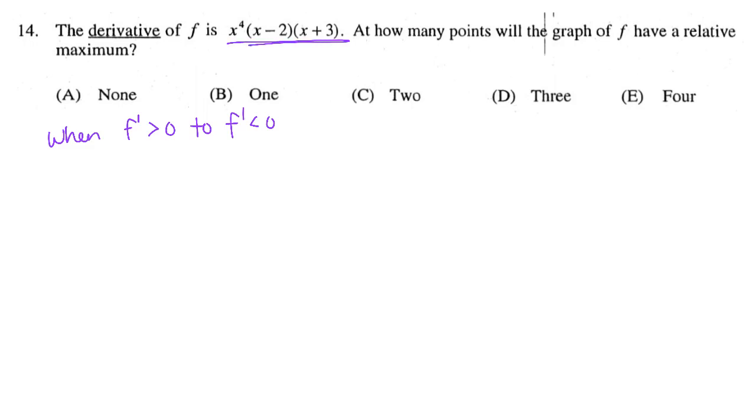And since they've already given us the derivative in factored form, we need to do a number line analysis, and we need to check our signs at the zeros. So that's going to generate -3, and then we're going to have a 0, and we're going to have a +2.